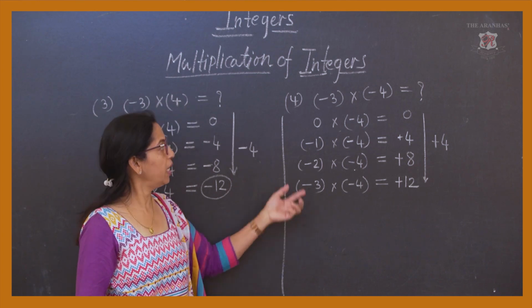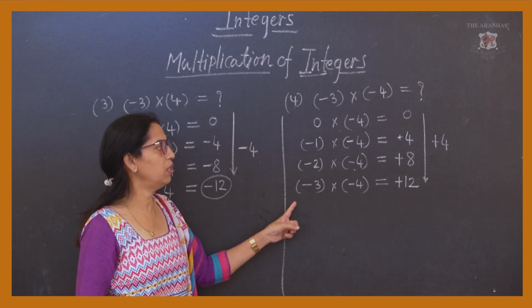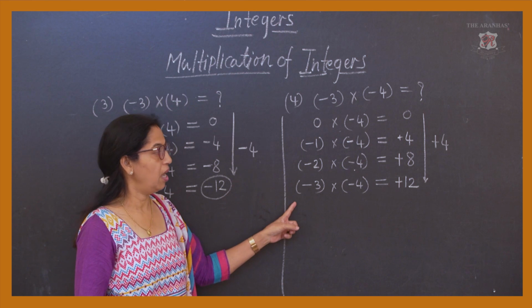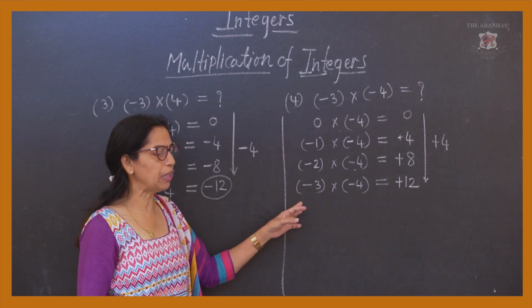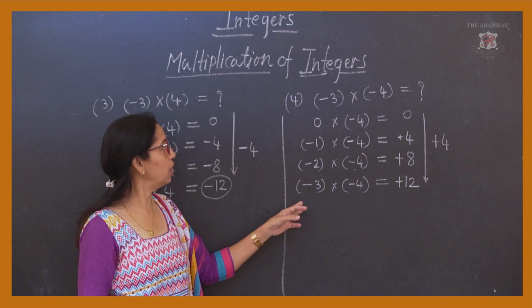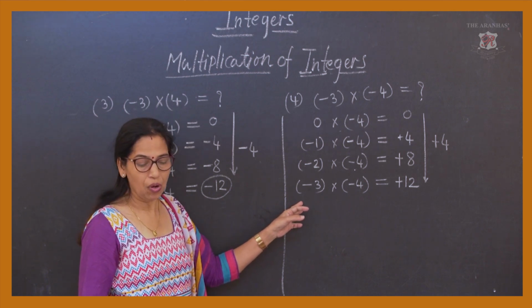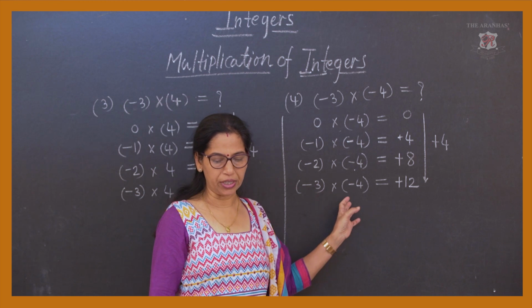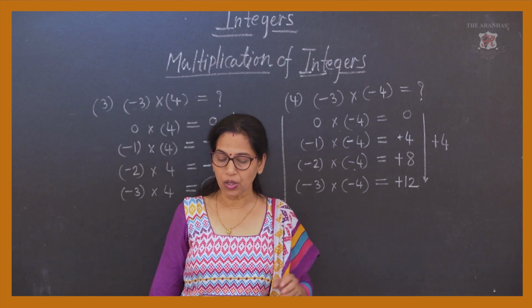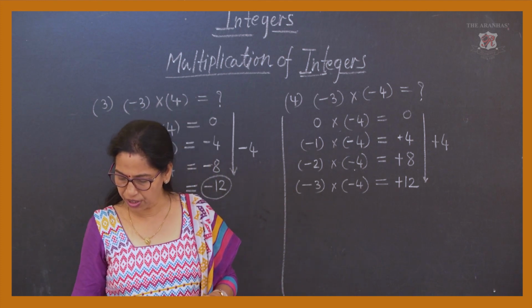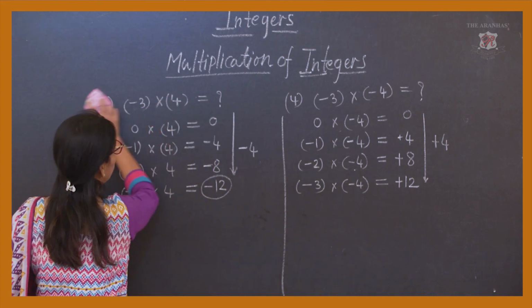So from this you can easily find out the multiplication, and by this method it is very simple to carry out the multiplication. Now after this, the next point we are going to see is the properties of multiplication of integers.